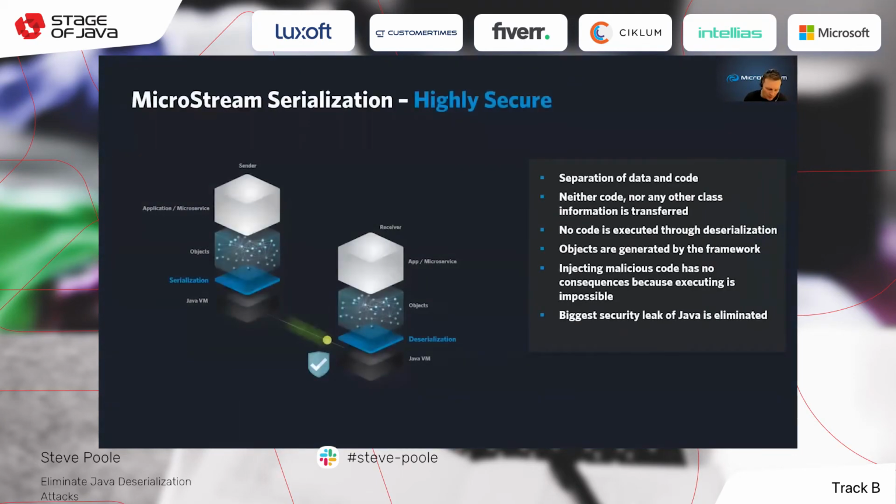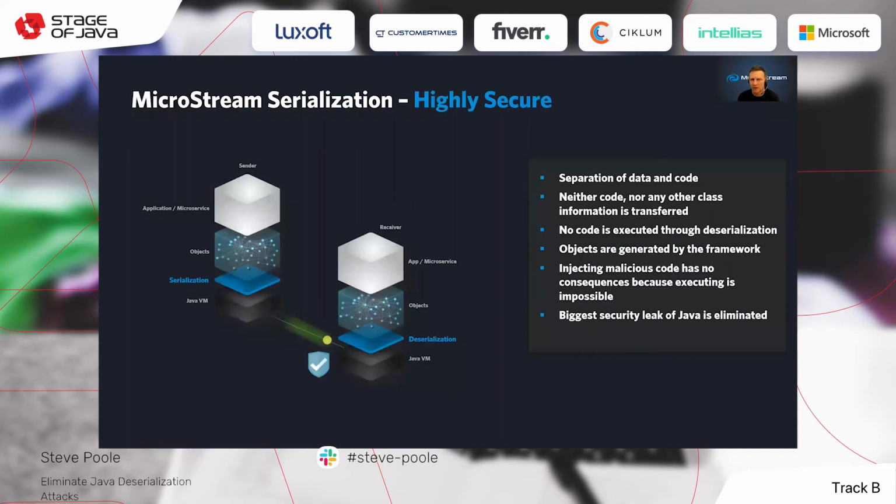This is the reason why we wanted to build a completely new serialization framework from scratch that works fundamentally differently from traditional Java serialization, and also fundamentally differently from all alternative serialization frameworks out there. MicroStream works fundamentally differently, and this is the reason why it's highly secure. We separate data and code. We never transfer code or any class information.